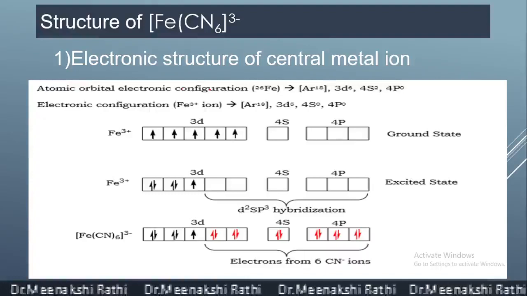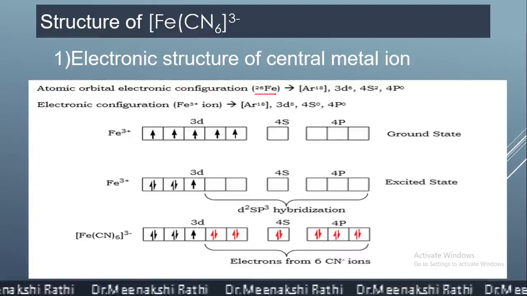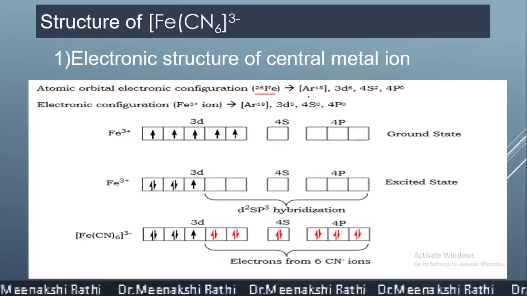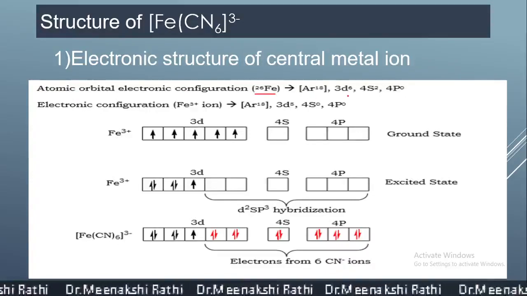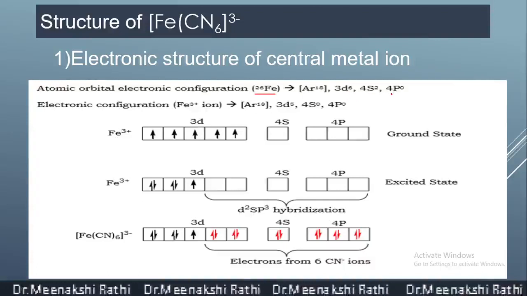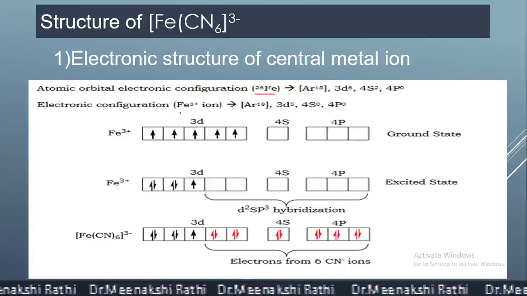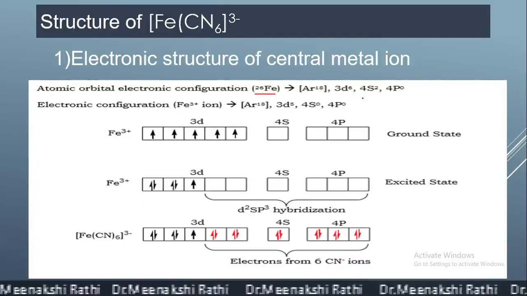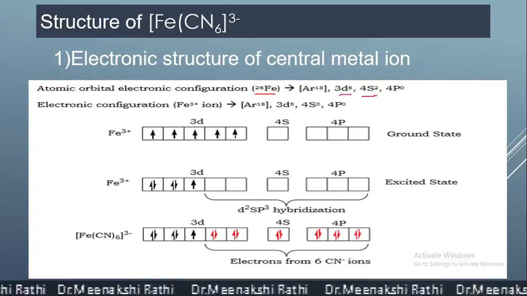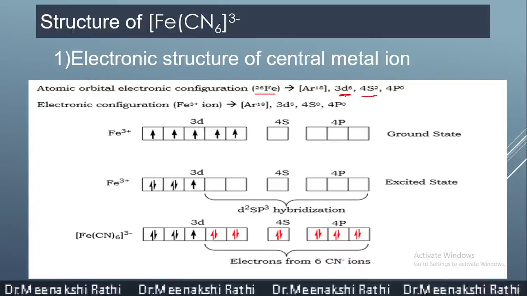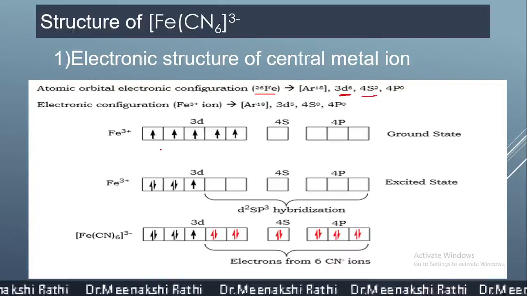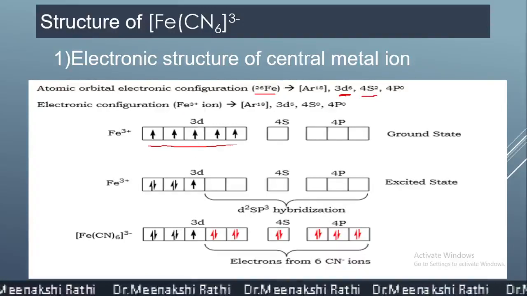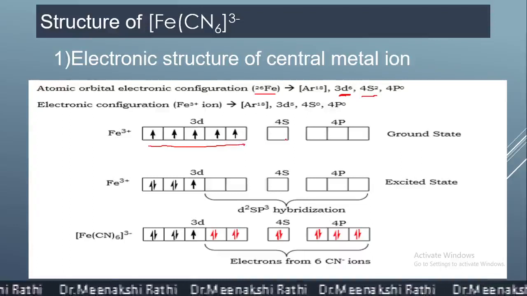Here the central metal atom is Fe, whose atomic number is 26 and its electronic configuration is argon 18, 3d6, 4s2, 4p0. In the formation of the Fe3+ ion, 3 electrons are lost, 2 from 4s and 1 electron from 3d. So now the Fe3+ ion at ground state has 5 electrons in the 3d level, while the s and p orbitals are vacant.